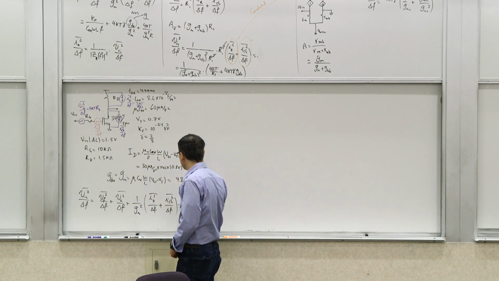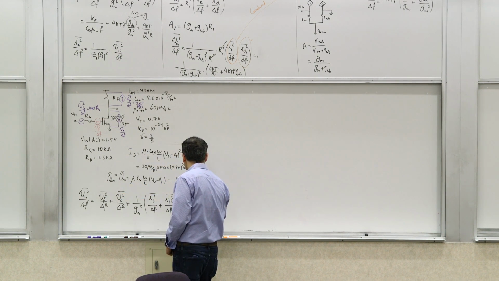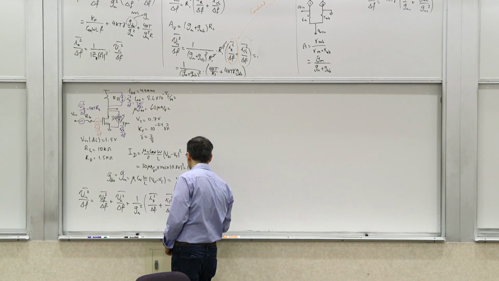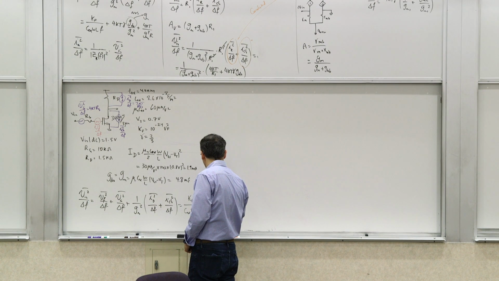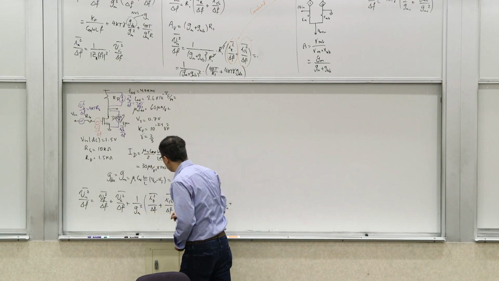So if you explicitly express these things, let's expand it. Kf over Cox WLF plus 4kT times Rg from this term.